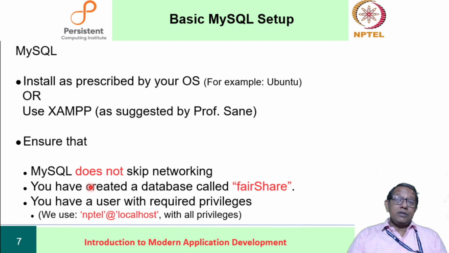You also have a user with all the required privileges. In our example, we will be using NPTEL at localhost as a user, and we would have granted all the privileges that are required. Let's have a look at a basic sequence of interaction with MySQL. This interaction will set up MySQL for use with our fair share application.